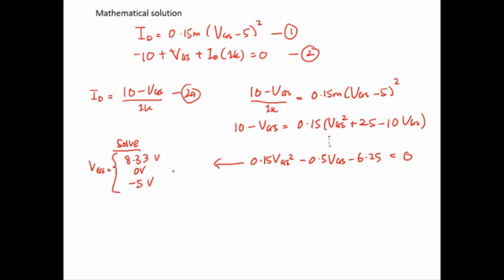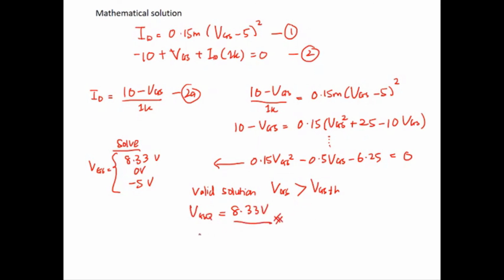So which one will be the valid solution? The valid solution is where VGS is larger than VGS TH. VGS TH is 5, so the valid solution is 8.33 volt. So VGSQ is equal to 8.33 volt.